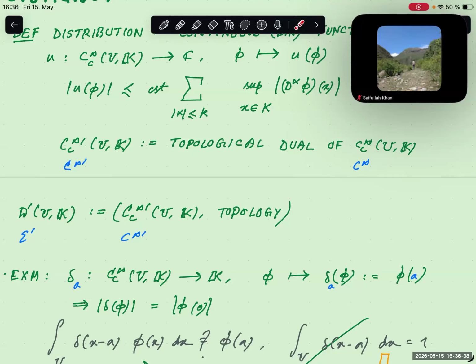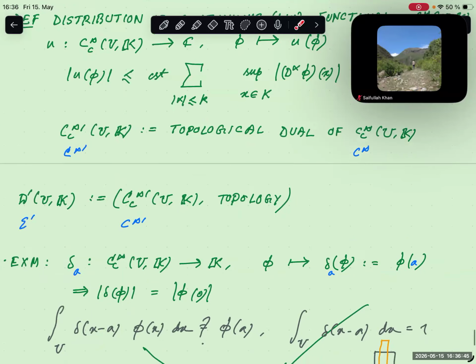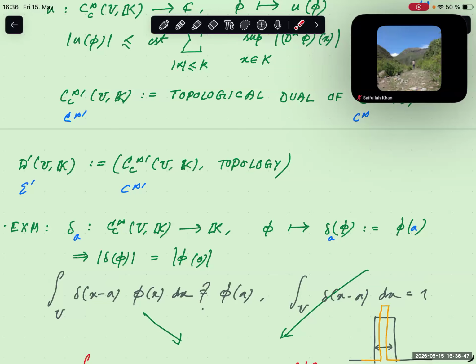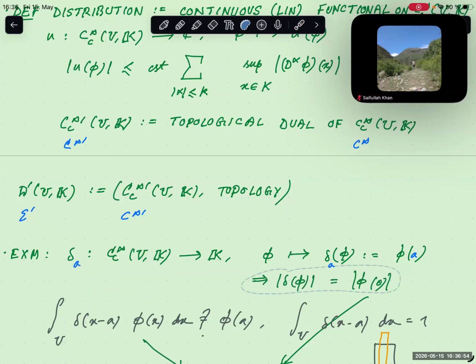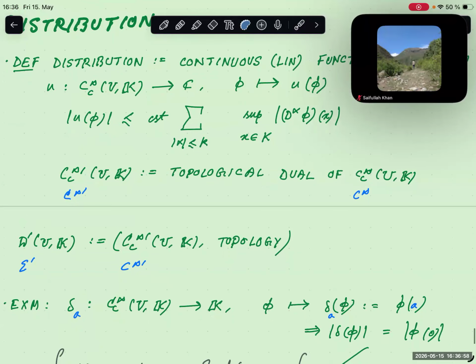Okay, maybe we all are tired. But please raise your voice. Feel free to express your discomfort. Okay, so distribution, I hope, is clear. If not, you can ask anytime. But at least it is written here.